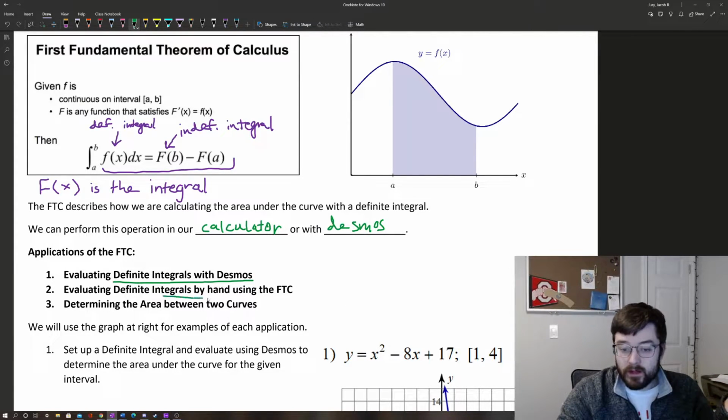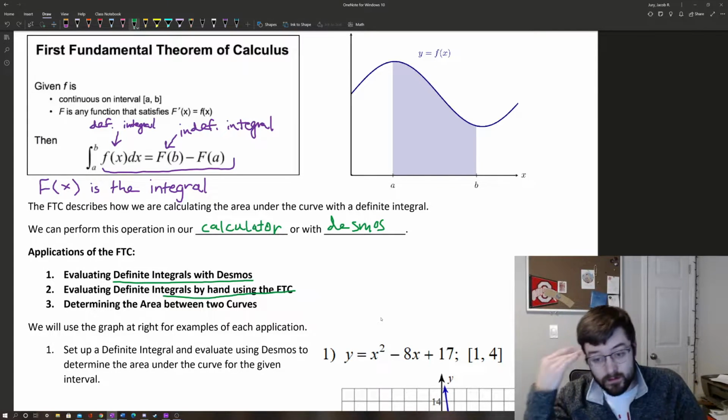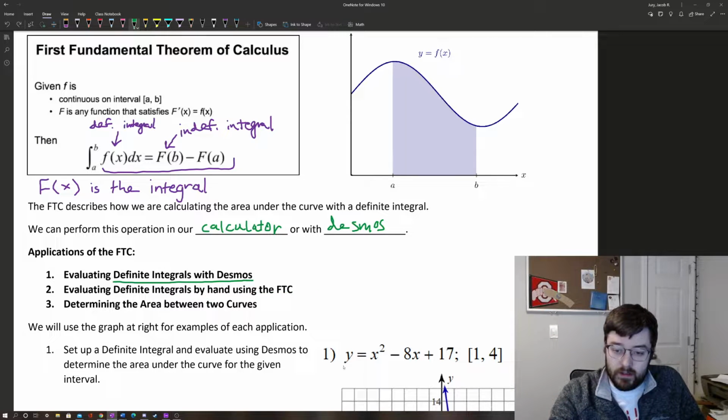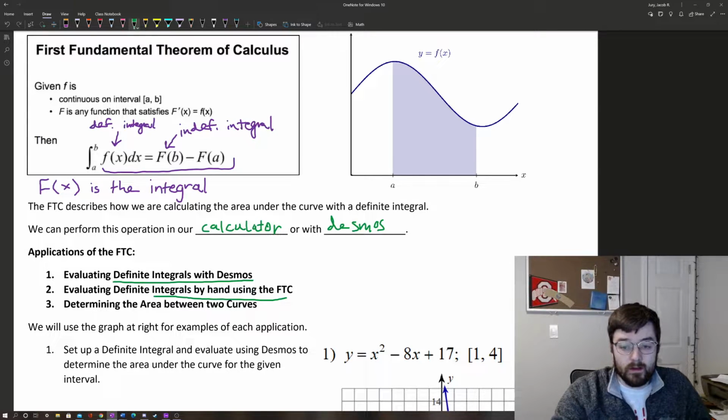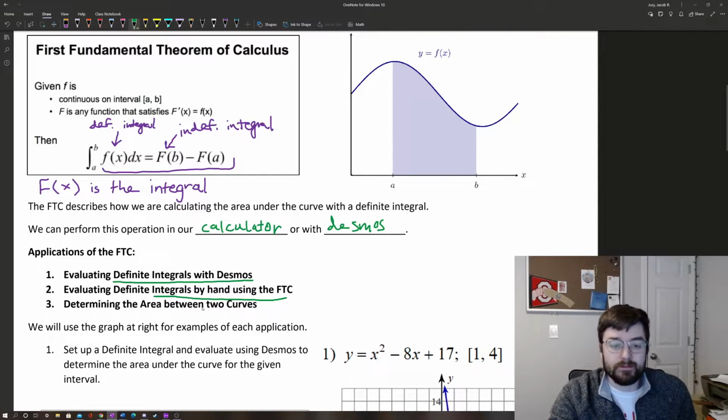We are going to do it by hand just so you can see. If I'm going to ask you to use this on a test, then of course you can evaluate an integral with Desmos, but if I'm asking you to evaluate it by hand, I might ask you to check somebody's work. So it is important to see how to do that and to actually use the fundamental theorem of calculus.